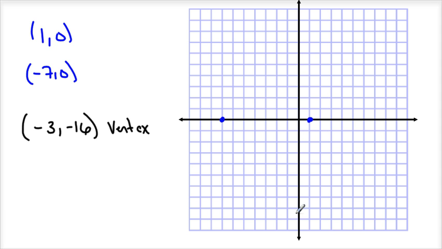Now my graph only goes down to negative 10, so we're going to be way down here somewhere for my vertex. And then my parabola should come up, going through my roots, touching my vertex, and then passing my roots again.